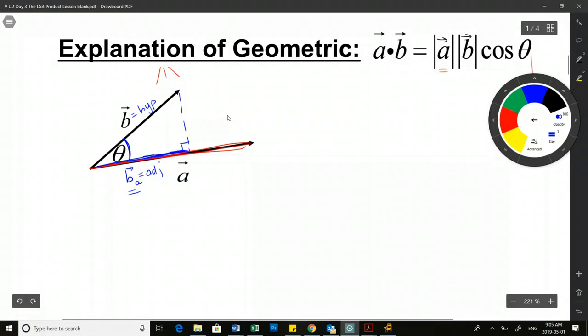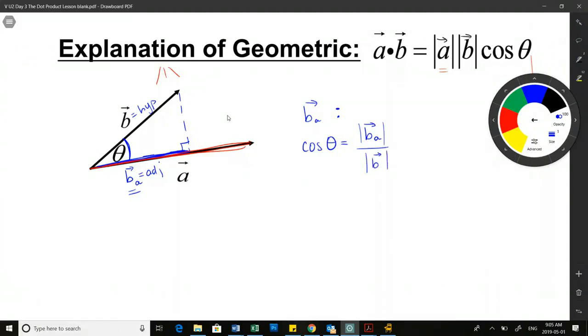So if we think about finding this B component that goes in the direction of A, we have to use cosine because I have the adjacent side and the hypotenuse. So cos of theta is equal to adjacent, which we've labeled to be the B component that goes in the direction of A, and really we're talking about the magnitude of this B component, divided by the hypotenuse, which will be the magnitude of B. So what is the magnitude of the B component that goes in the direction of A?